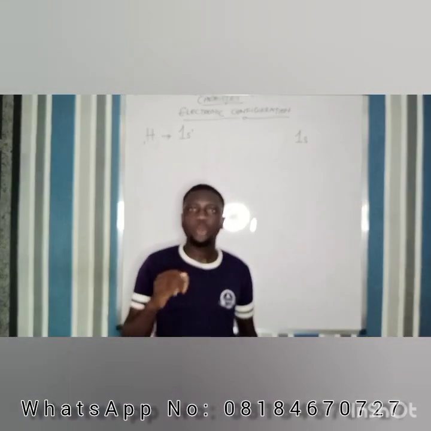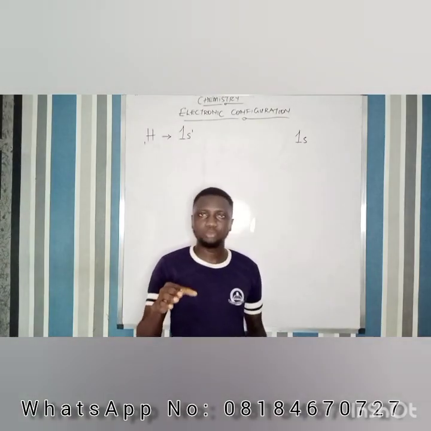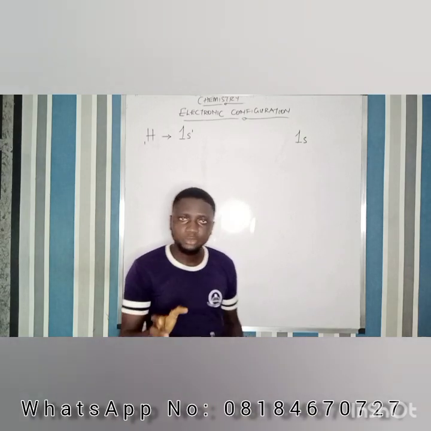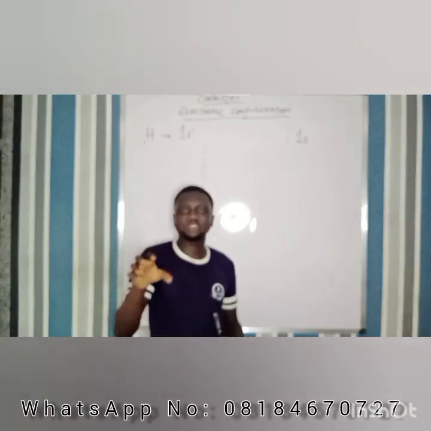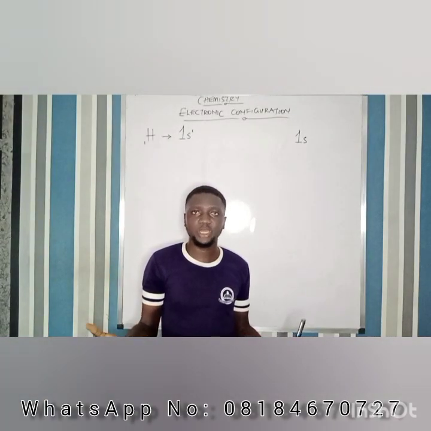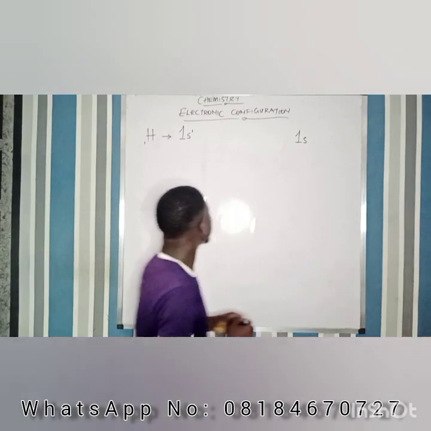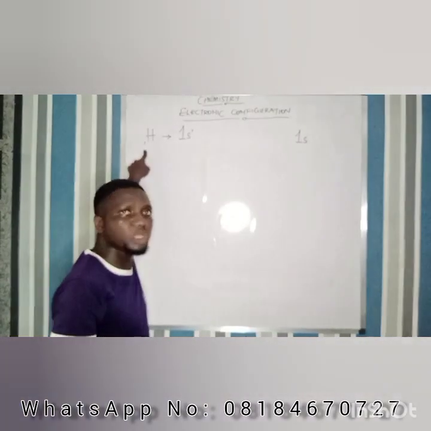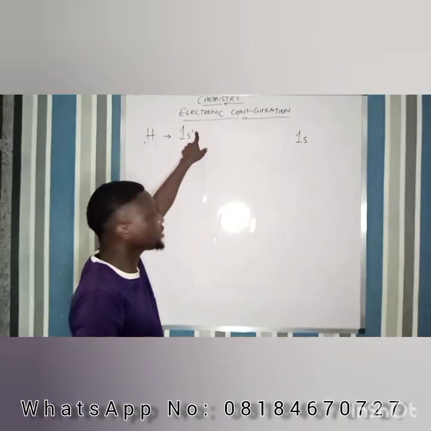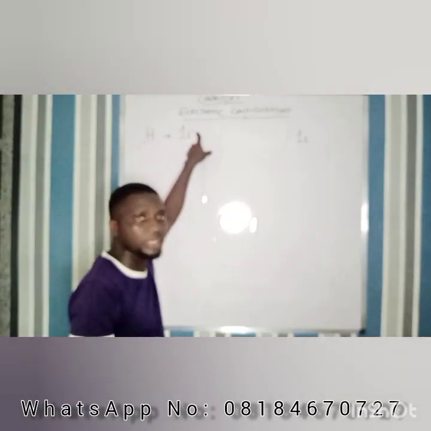Let's quickly recall that for a neutral atom, the number of electrons is equivalent to the atomic number, which is also the same as the proton number, the number of protons. So if we have the atomic number to be 1, definitely for a neutral atom, the number of electrons will be 1.